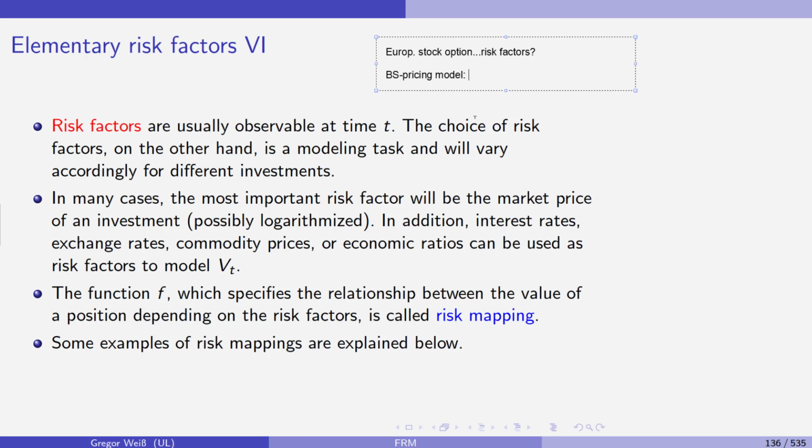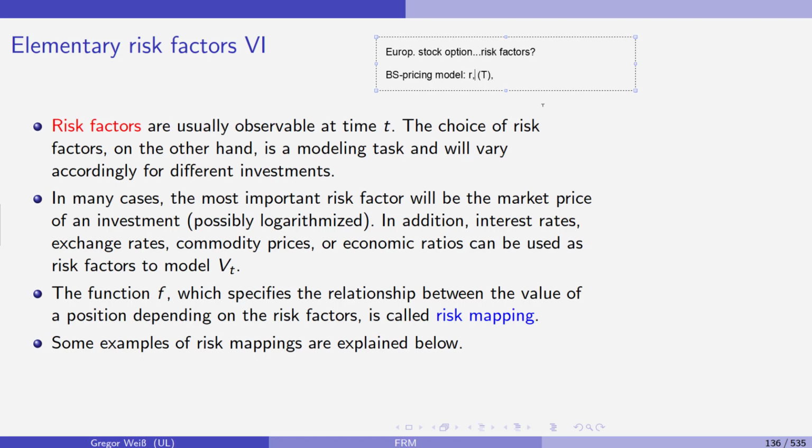And from the Black-Scholes pricing model, we know which parameters influence the price and thus the value of a stock option. What we have is interest rate r, maturity, so time, not really a risk factor because we've seen that in the value function, its value is depending as a function on time and risk factors.